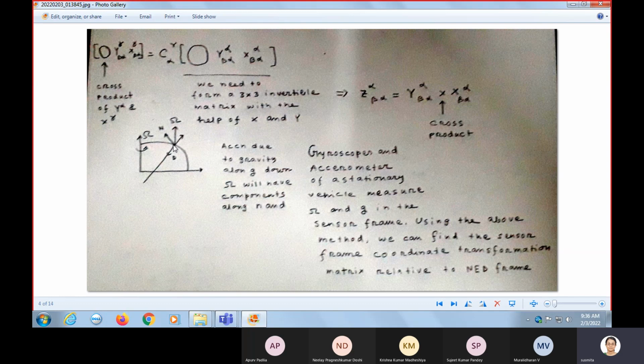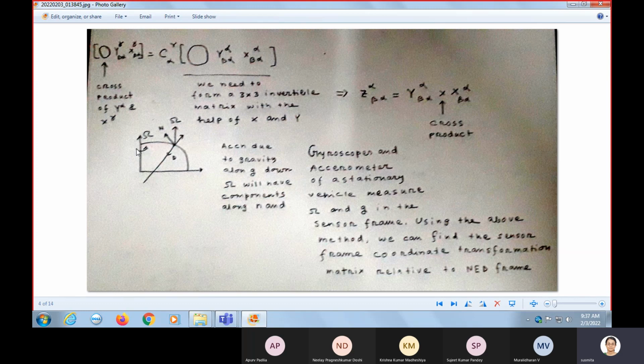Okay, and we know that acceleration due to gravity is along the down axis. The 3 accelerometers are mounted in certain directions on the body, so each accelerometer will sense the corresponding component of the local gravity vector along its sensitive axis. So this way we actually get the acceleration due to gravity resolved along the 3 sensor axes along which the accelerometers are mounted.